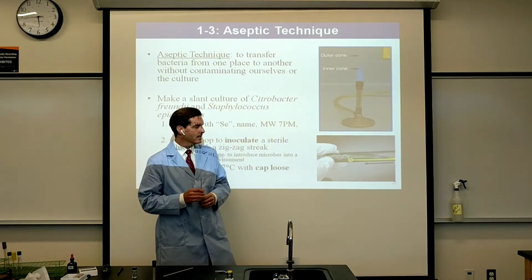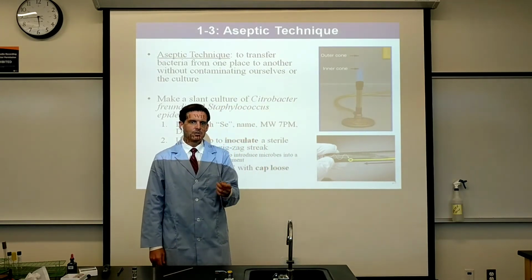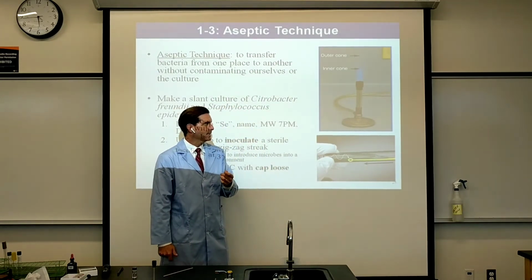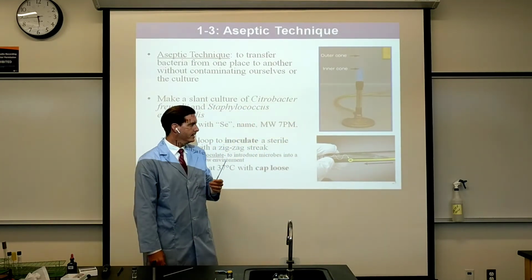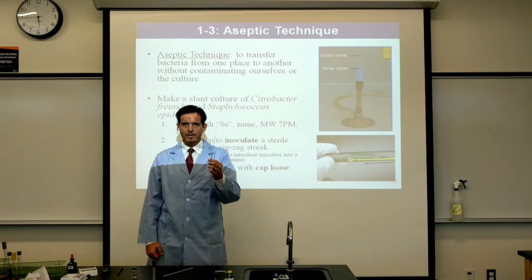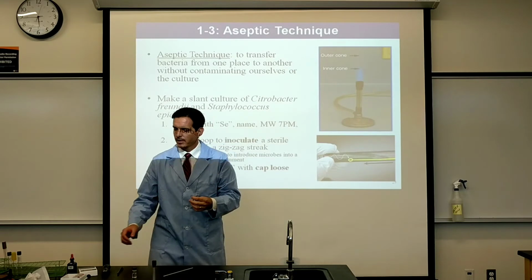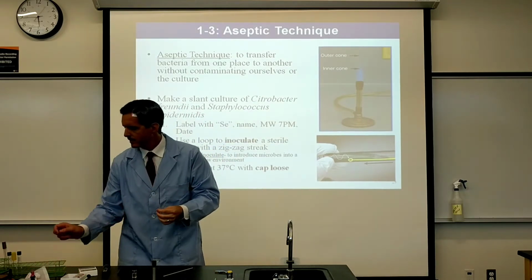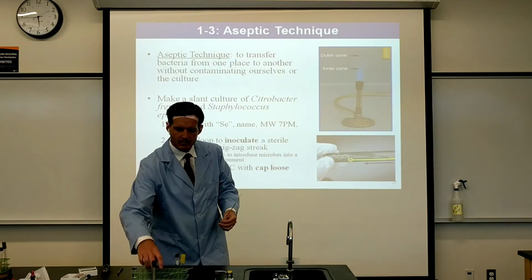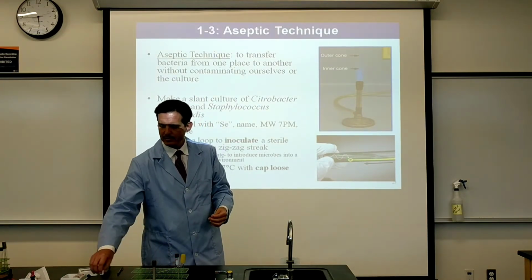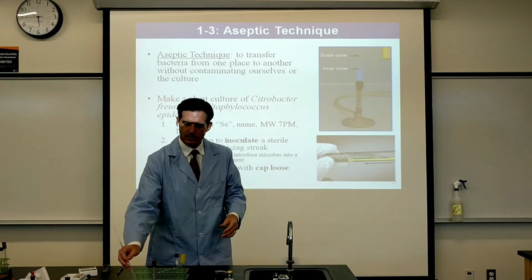They have these single-use disposable loops. This is a metal one that we can use many times by flaming it in the Bunsen burner flame to sterilize it. At this point, I'm going to do a dry run, just like you would practice. The dry run is to just show the technique, pretending that we have the Bunsen burner lit and that we're transferring bacteria from one tube to another.